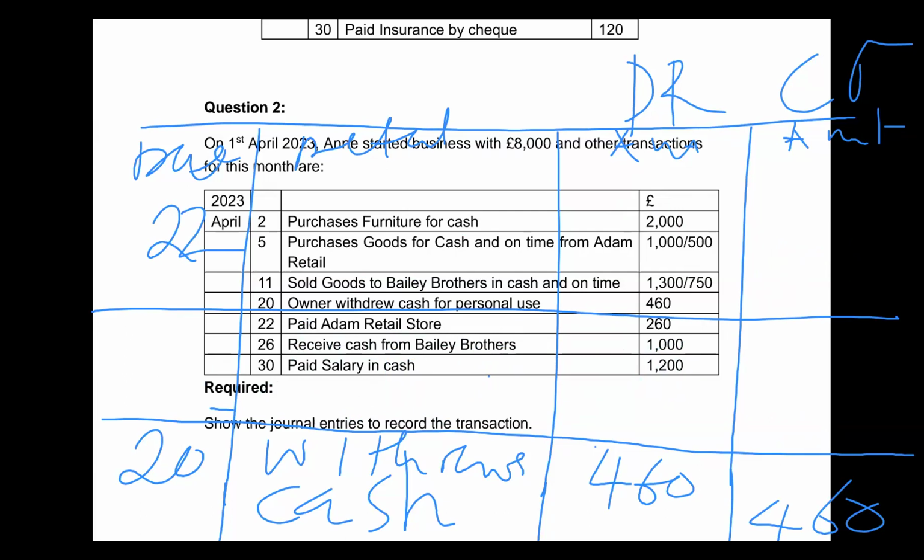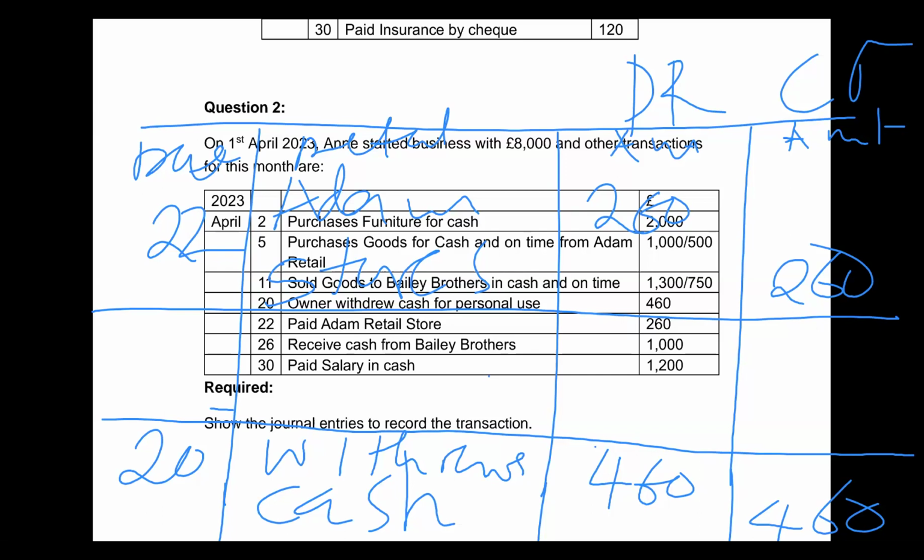So whom are we crediting? We're crediting the cash, and Adam is receiving 260. Is there any question? No, sir.